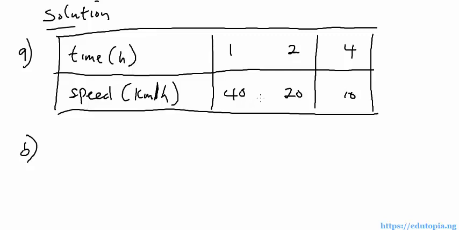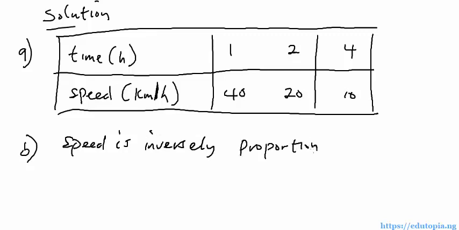Then the time doubles to 4, and the speed is halved to 10. So it is inversely proportional. Let's say speed is inversely proportional to time, since if the time is doubled, the speed is halved.